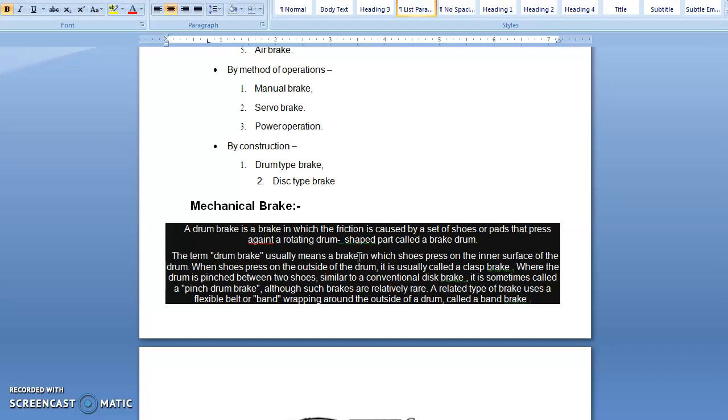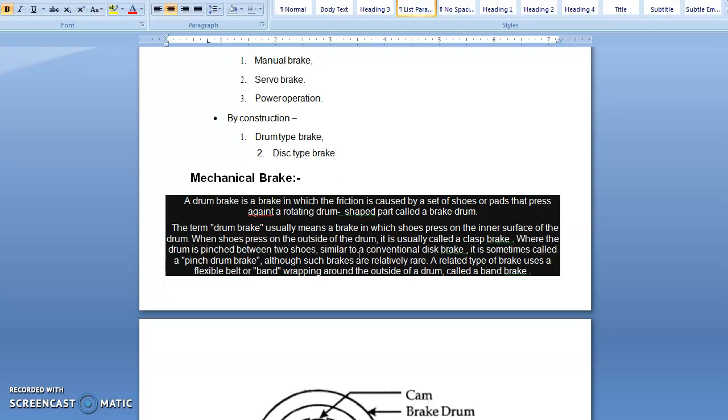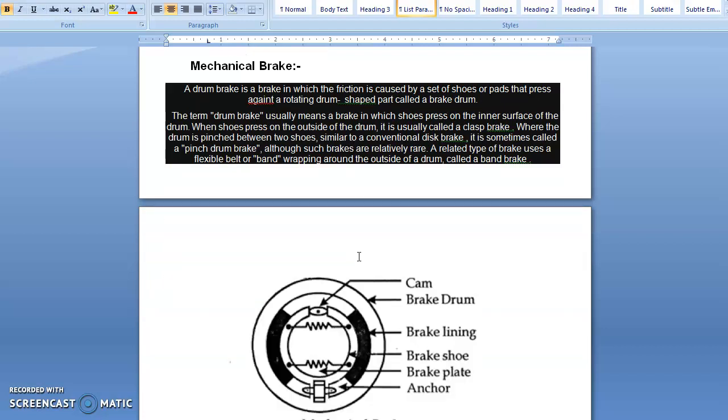After the classification, let's go to the first braking system, which is known as the mechanical brake, or in some books it is written as the drum brake. As per the definition, a drum brake is a brake in which the friction is caused by a set of shoes or pads that press against a rotating drum shaped part called a brake drum. The term drum brake usually means a brake in which shoes press on the inner surface of the drum.